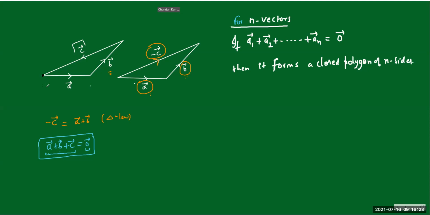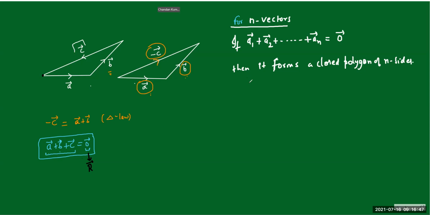So it means there is no gap between the two vectors, right? The beginning and the end are at the same point. So R is 0 because R is not there. See, this is your R value, and you can see that R is 0 because R is the sum of all vectors, and that is 0.